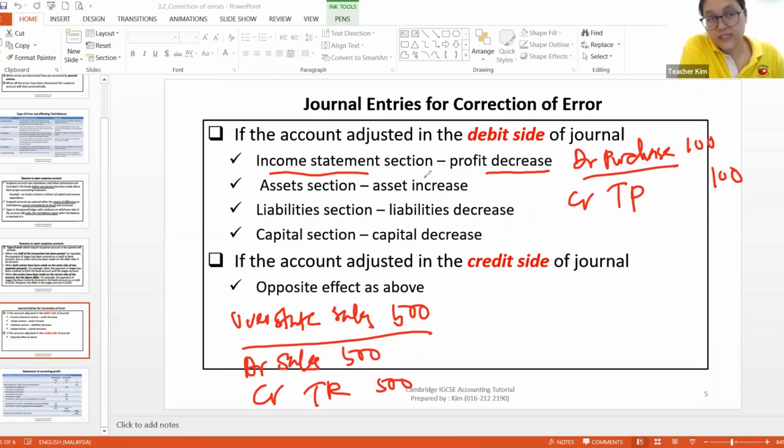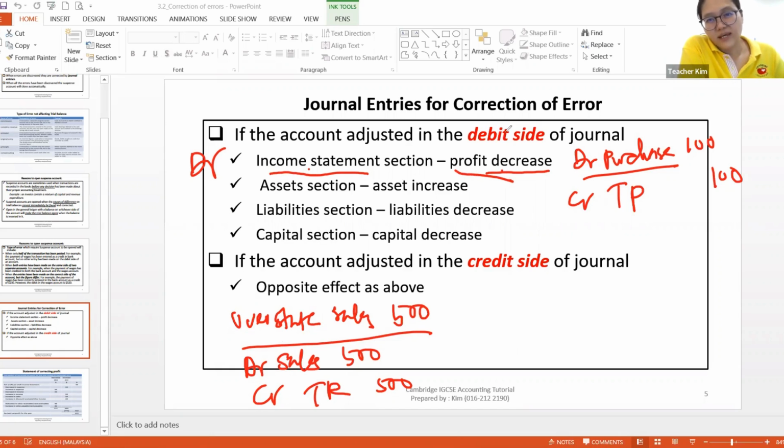Most of the time the question asks you to give the impact on the profit. So the rule you need to take note of is that when an income statement account is adjusted on the debit side, it will cause the profit to decrease, whether it's expenses, cost of sales, or the income or revenue account. Whatever is debited in adjustment reduces the profit.